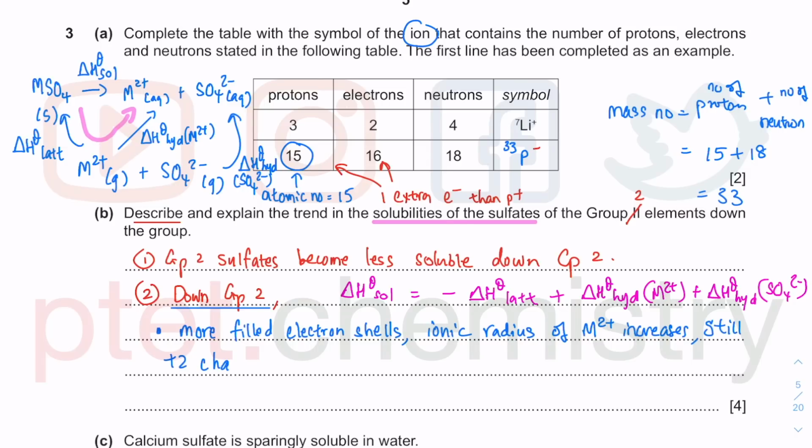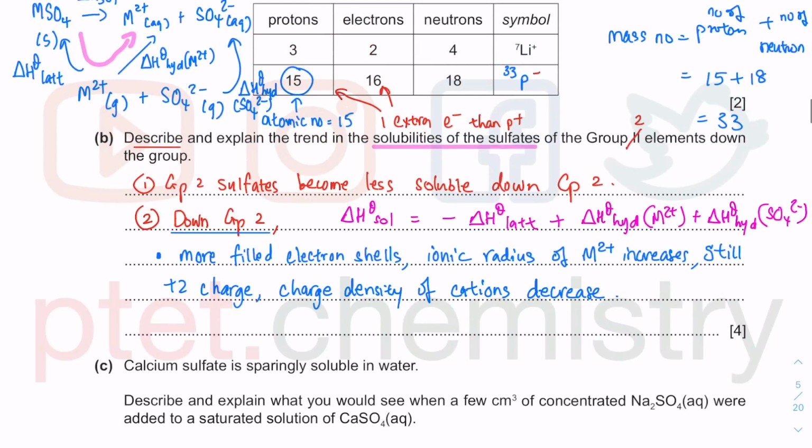If you still have the same +2 charge, we say charge density of cations decreases. And when the charge density of cation decreases, this will result in both the delta H lattice and also the hydration of the cations becoming less exothermic as you are forming weaker ionic bonds.